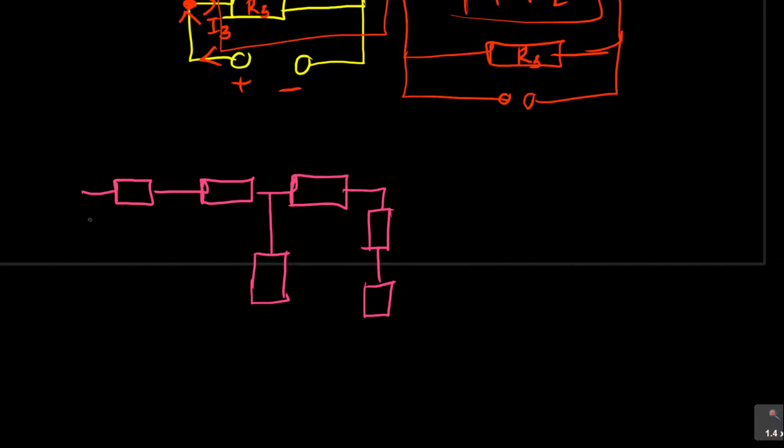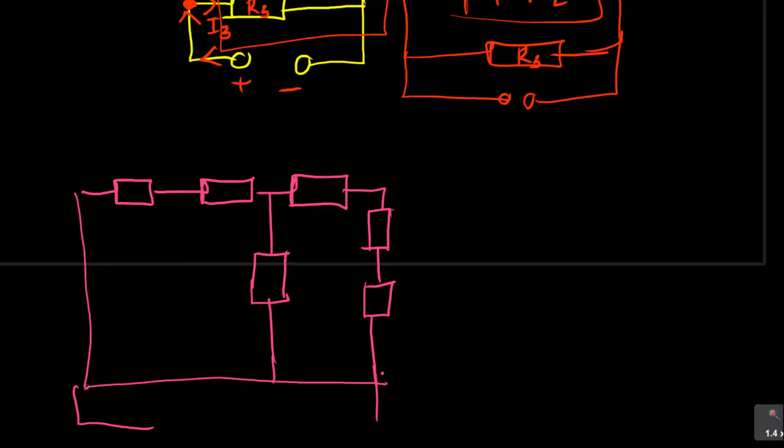And then I have my power supply in that fashion, with my resistors like that. What is important is always to follow the flow of current. When current comes here, it is going to separate.